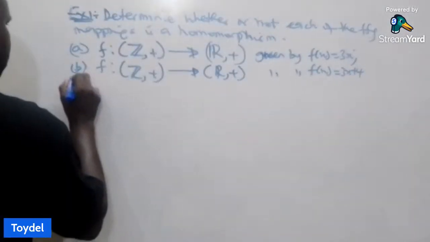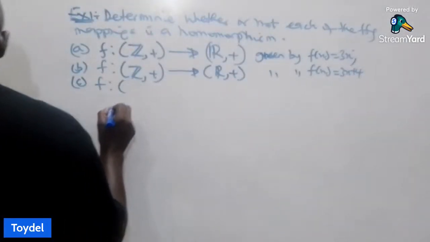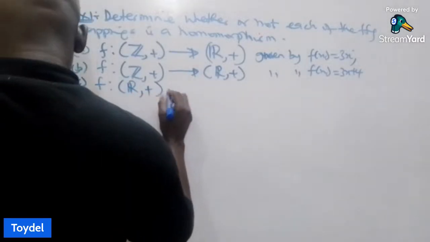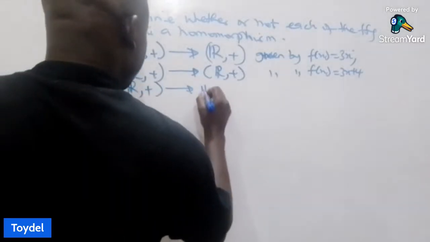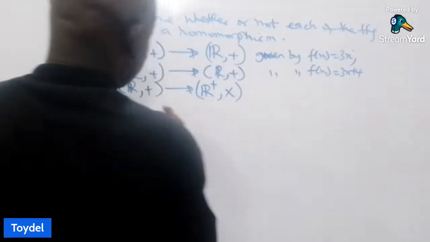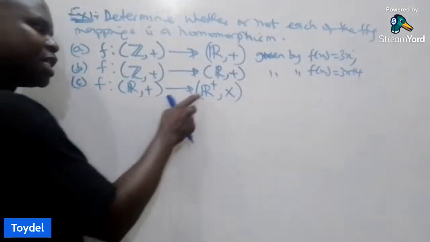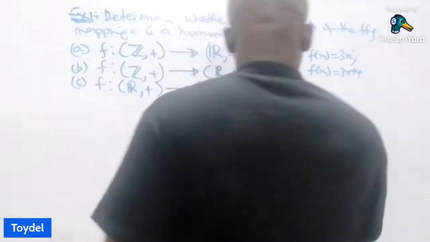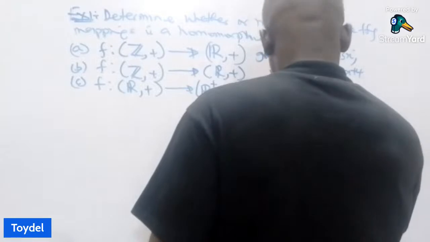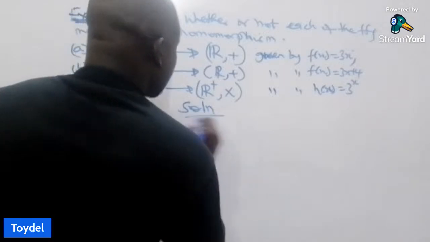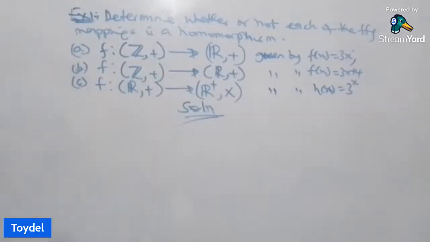Then let's take one more, where we have the set of real numbers under addition to the set of positive real numbers under multiplication. This is the ordinary real numbers under addition. Then this is the set of positive real numbers under multiplication, and it's given by h of x is equal to 3 raised to x.